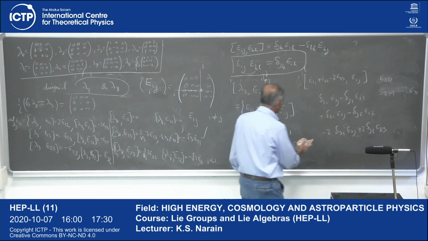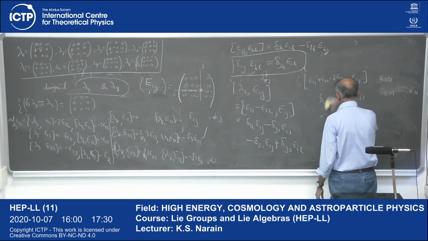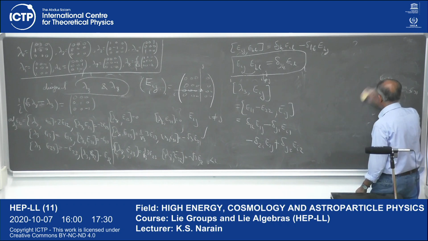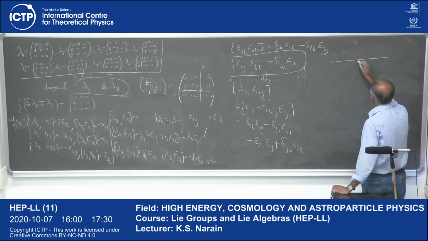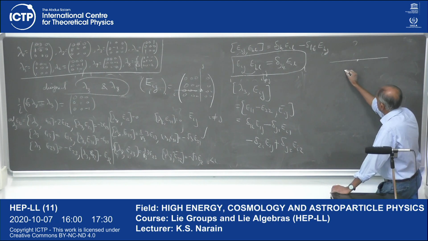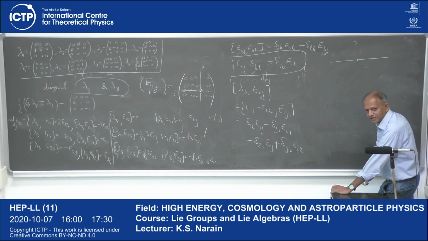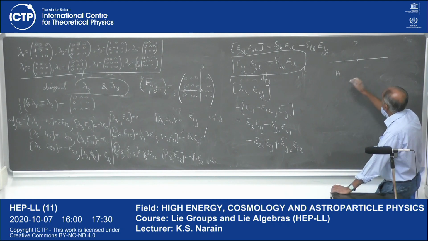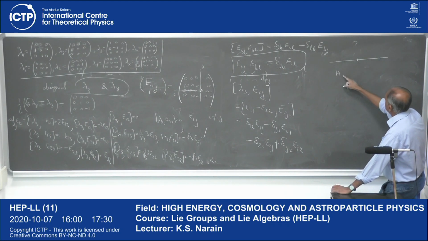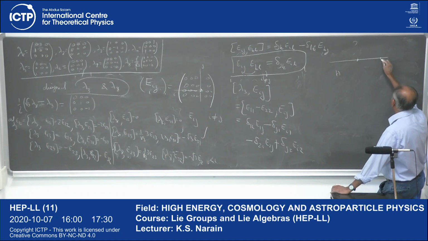But what we can do now is to try to draw a picture of the eigenvalues. Remember, for SU(2) we drew a picture. There was only one quantum number, which we were calling H, a capital H or something like that. It had the highest weight state, which had some spin j and H eigenvalue j.